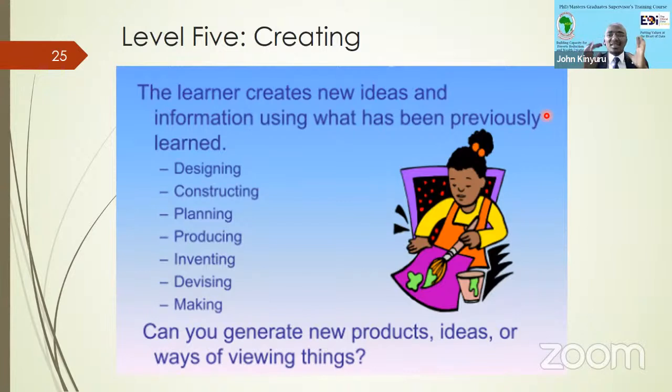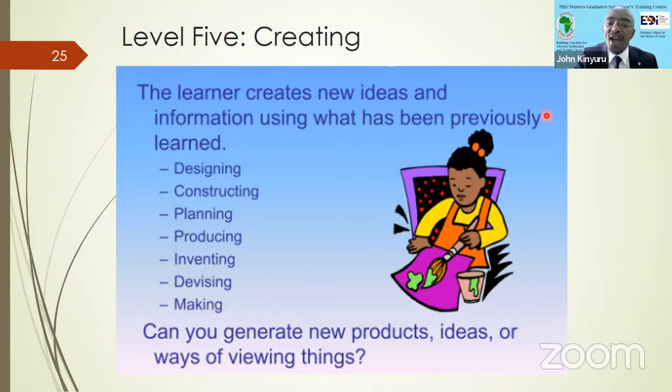This is the goal for every PhD. It should be to create new ideas. It doesn't have to be a tangible product. It can actually be a new formula. It can actually be a new recipe for doing things. It could be discovering a new chemical in a certain plant, right?